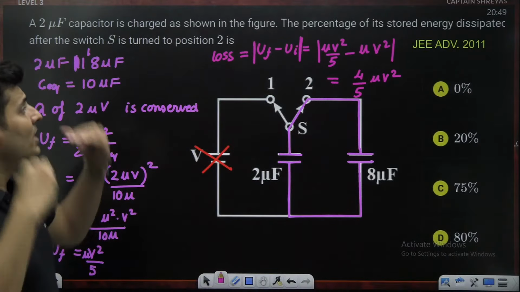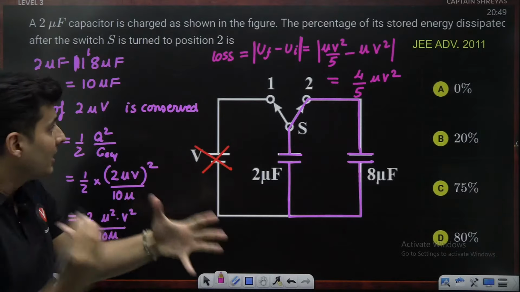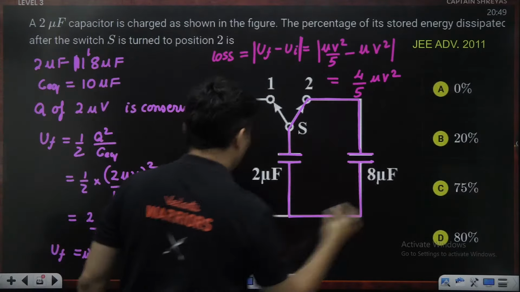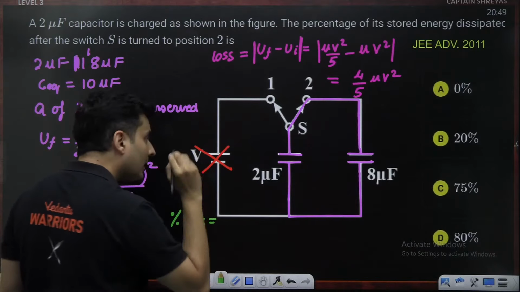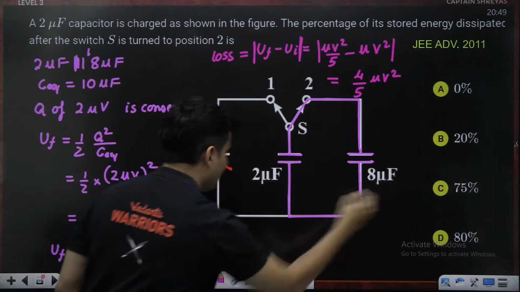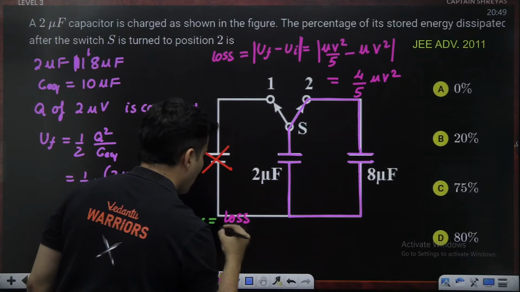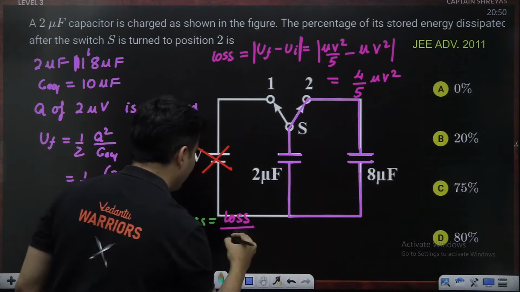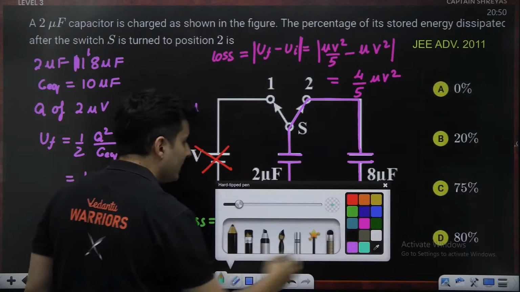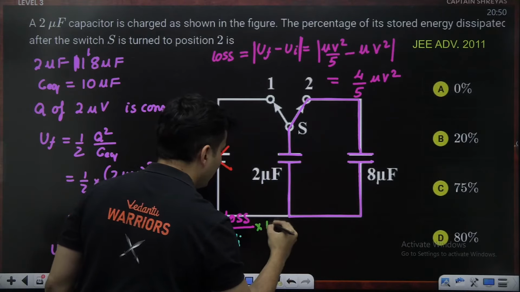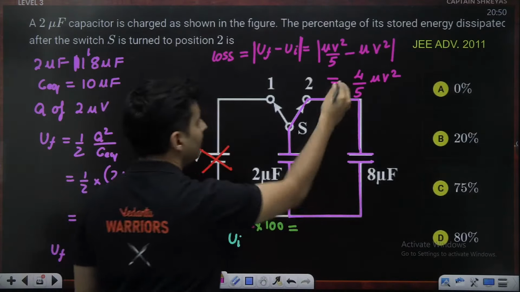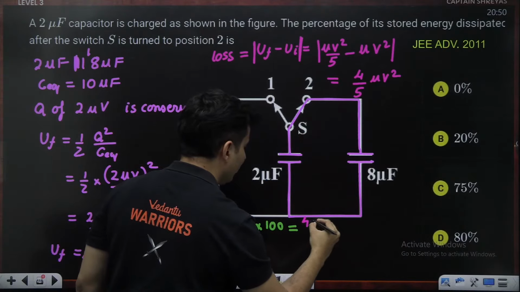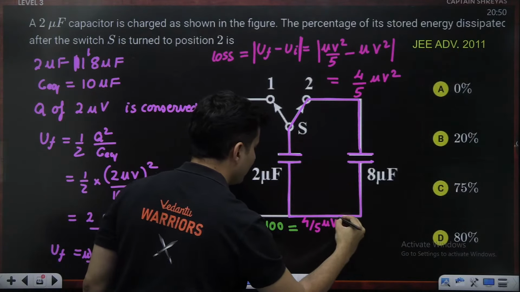The question is, how much percentage of the stored energy got lost? So the percentage loss is that loss upon how much was stored, and then you multiply it by 100. That's it. So how much is that loss? We just figured it out. It was 4 by 5 micro V square.